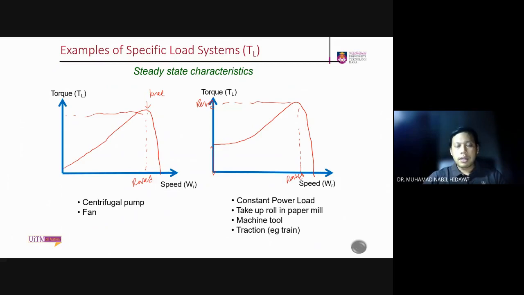Whereas for loads that have high inertia, for example machine tools, traction, and constant power load, you have an initial torque that is needed to pick up the motor, and then it continues until it achieves the rated speed.